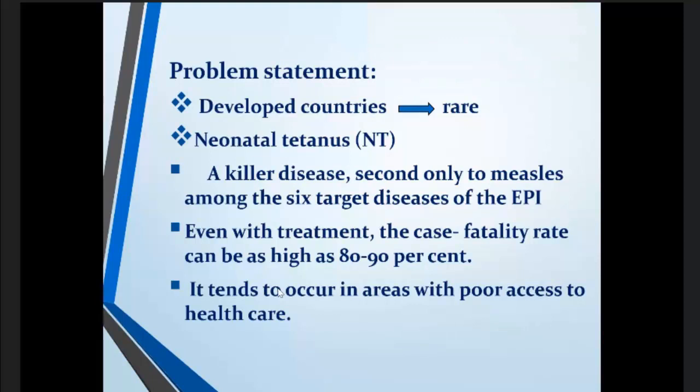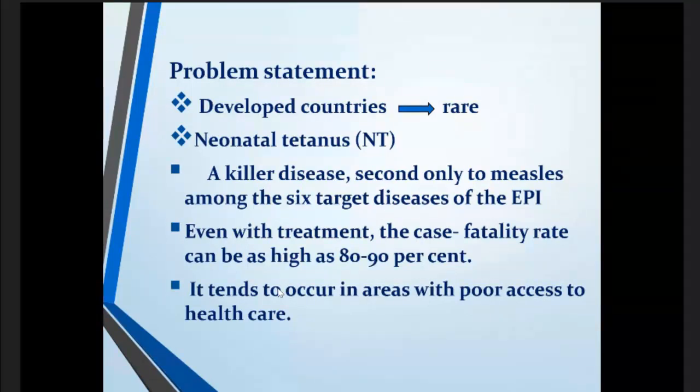It is almost eradicated in developed countries, so it is very rare there. The important type of this disease is neonatal tetanus, because it is a killer disease for infants.